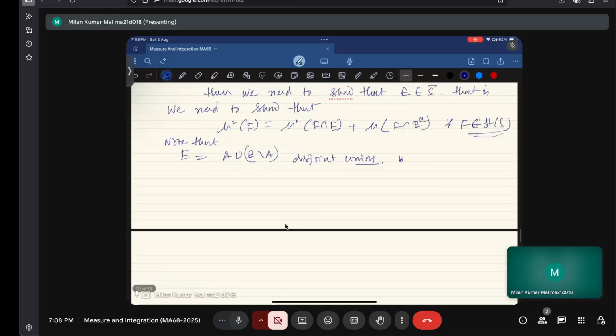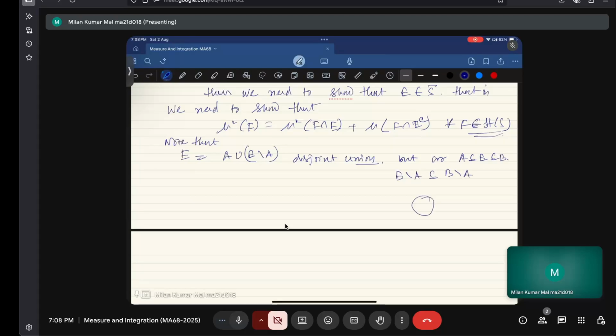But here, as A is a subset of E is a subset of B, this E minus A is a subset of B minus A, because we can just look at the diagram.